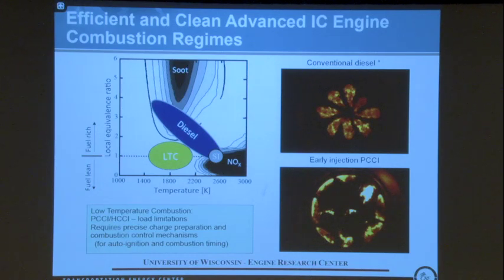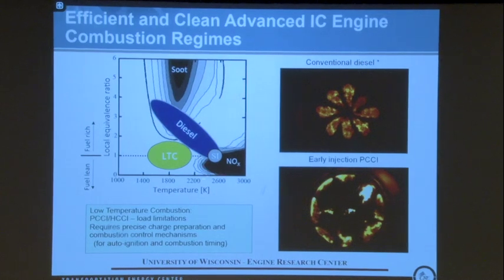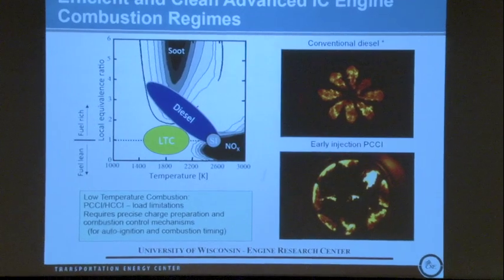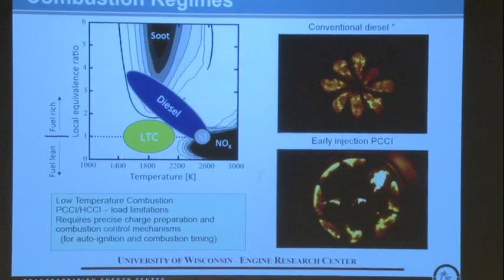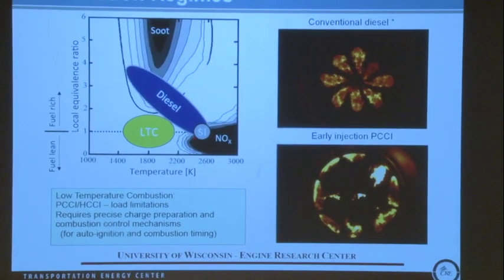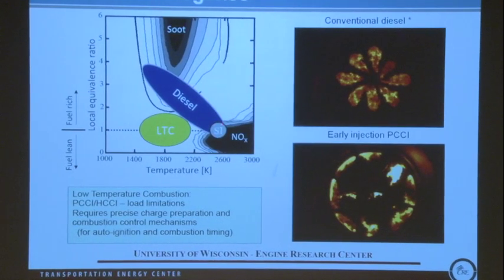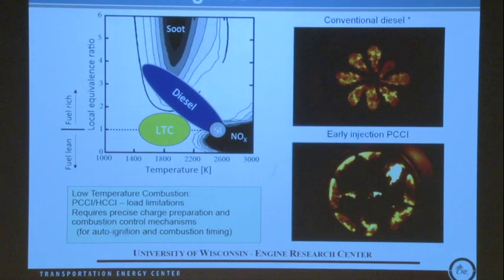And if you plot islands of soot as well as nitric oxide in this chart, and I'm sorry, the abscissa here is the temperature. And so if we look at where spark-ignited engines typically operate at near stoichiometric conditions, that's fairly high temperatures of in excess of about 2,200 degrees Kelvin, and that sits in the NOx island.